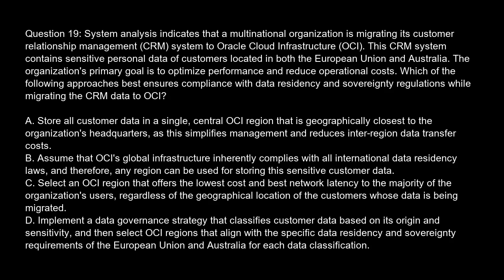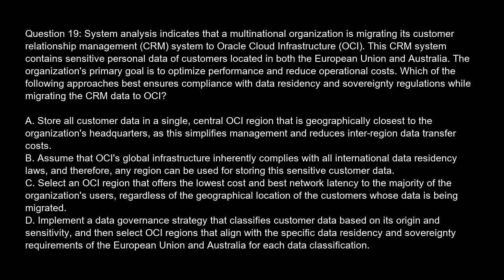Option A. Store all customer data in a single, central OCI region that is geographically closest to the organization's headquarters, as this simplifies management and reduces inter-region data transfer costs. Option B. Assume that OCI's global infrastructure inherently complies with all international data residency laws, and therefore, any region can be used for storing this sensitive customer data.